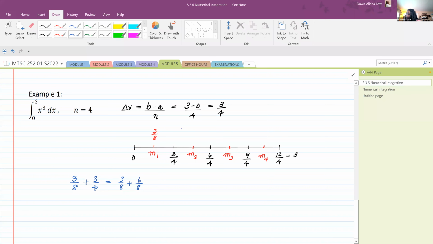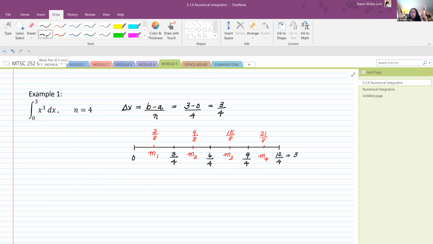So when I add 6/8 to 3/8, this becomes 9/8. If I add another 6/8, this becomes 15/8. And another 6/8, this becomes 21/8. I believe that's correct. Okay, so now I know what my M's are. Everything is known.